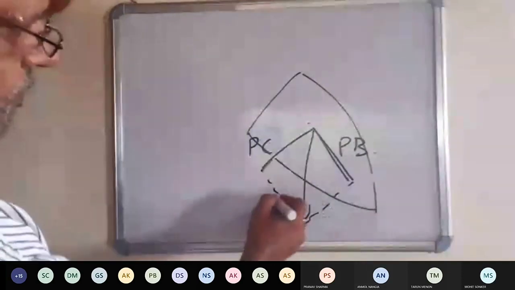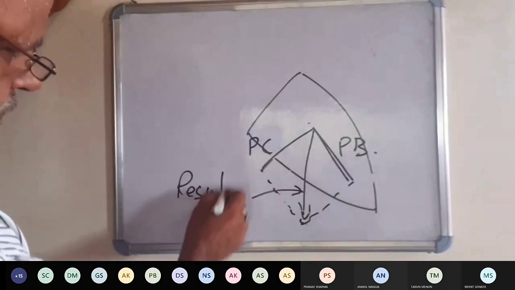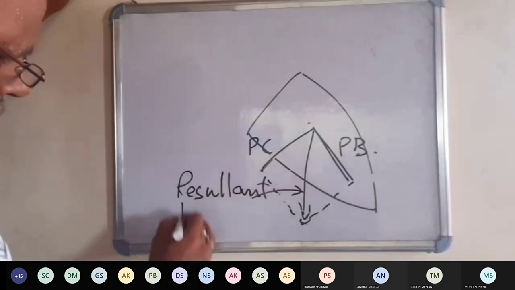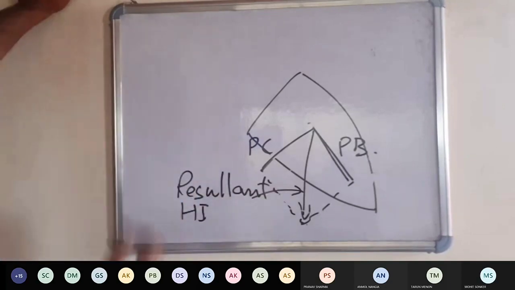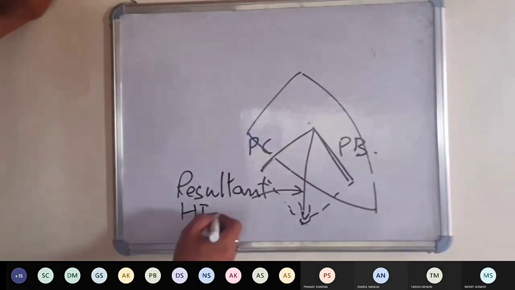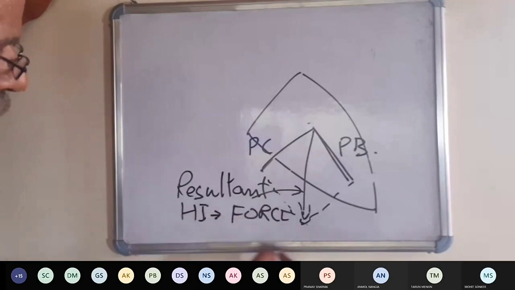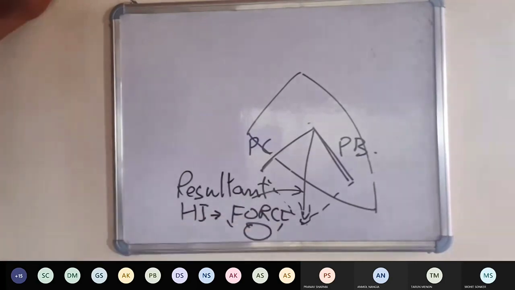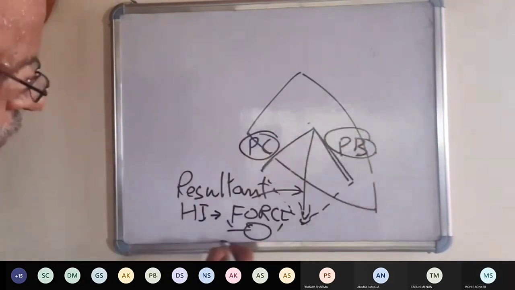So this is the resultant hard iron. This is known as force O. We had P, we had Q, we had R. The resultant of PC and PB is force O.